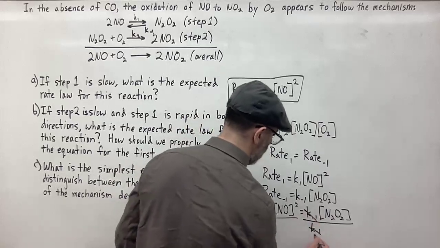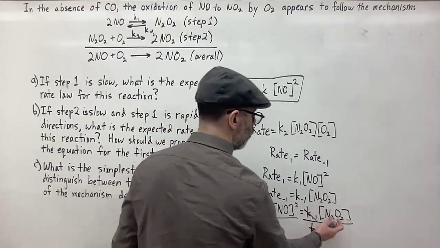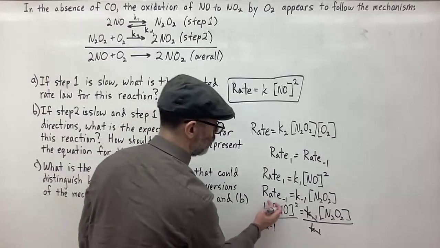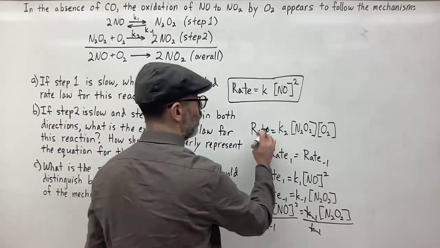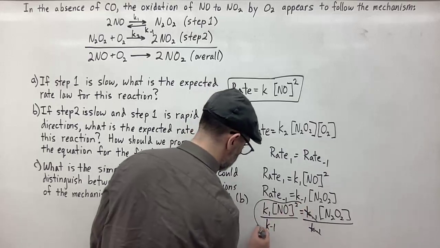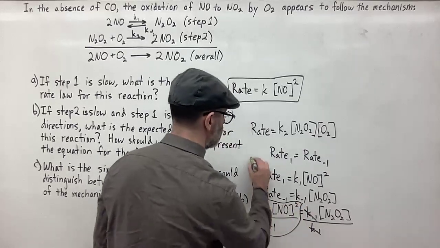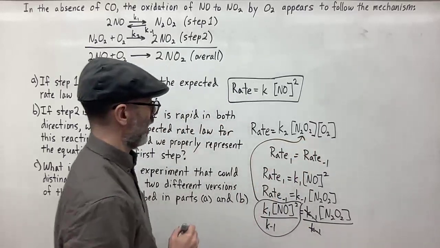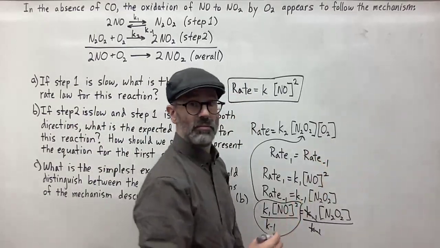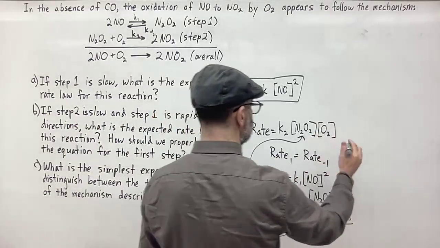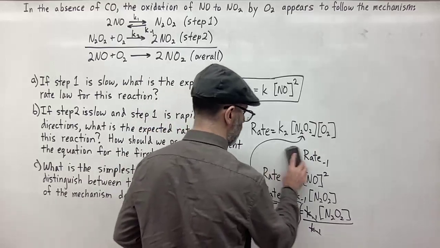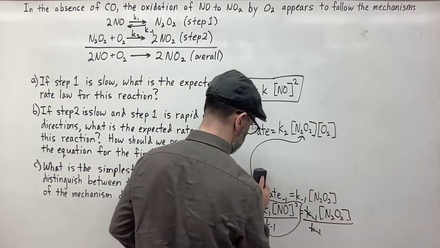So that cancels out, and we get N2O2 is equal to this expression here. So we can substitute this in for this here. So let's go ahead and do that. We'll get rid of this since we don't need this anymore.